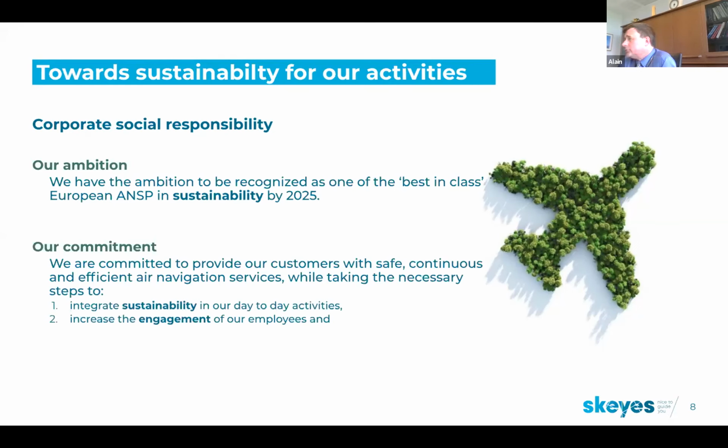We also want to be able to count on the engagement of our employees, because an engaged employee will certainly reach the goals of the company. And we also try to create shared value with our stakeholders and with the community, and I will provide you a few examples.